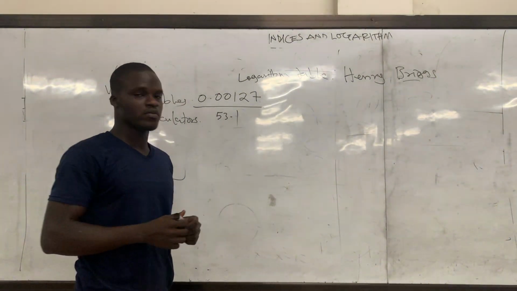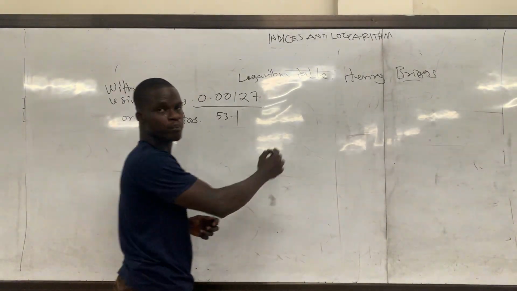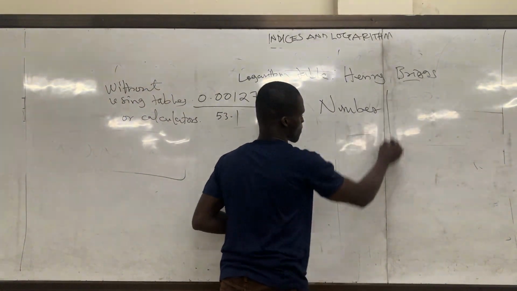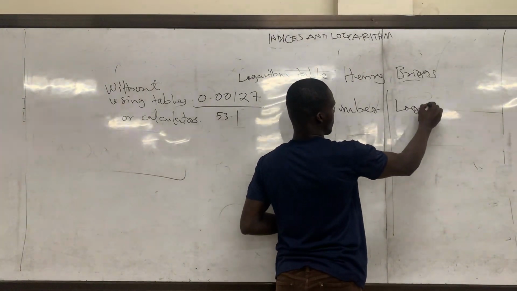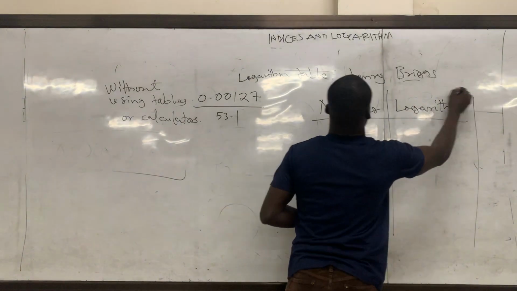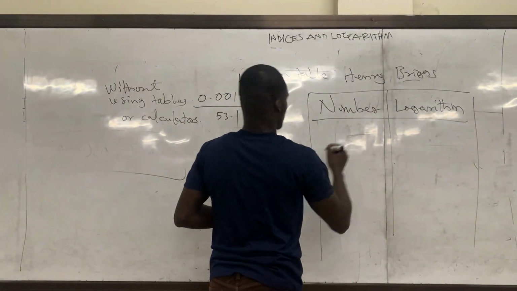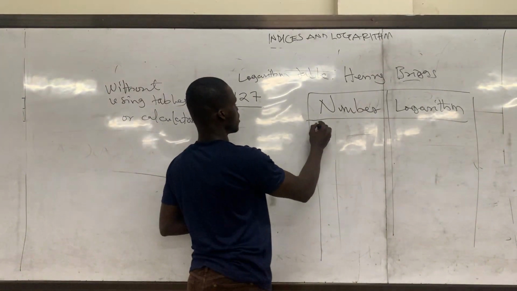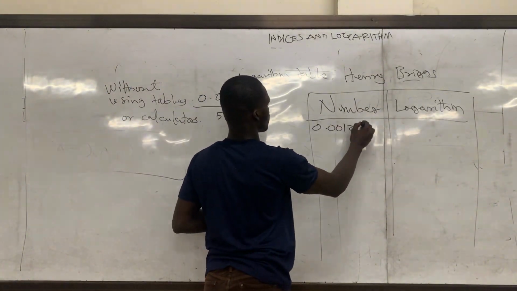So the first thing we have to do is draw a table. So we draw a table of the number, then the logarithm of the number. Okay, so let's take the first number, that's at the numerator, 0.00127.